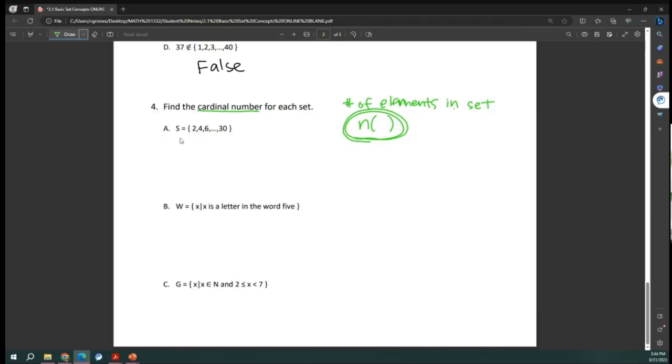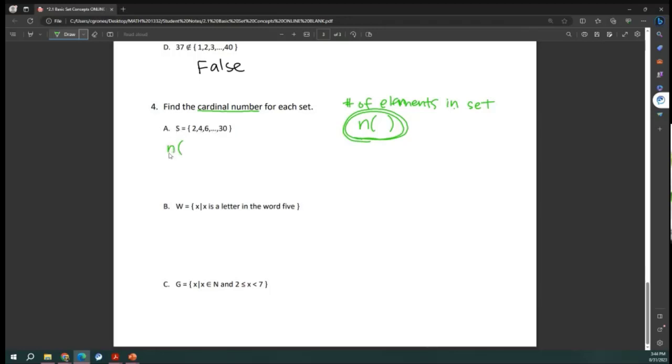So it says that on letter A, S equals the set of numbers 2, 4, 6, all the way to 30. So what would our cardinal number be? It is 15 because we're only looking at the even numbers.